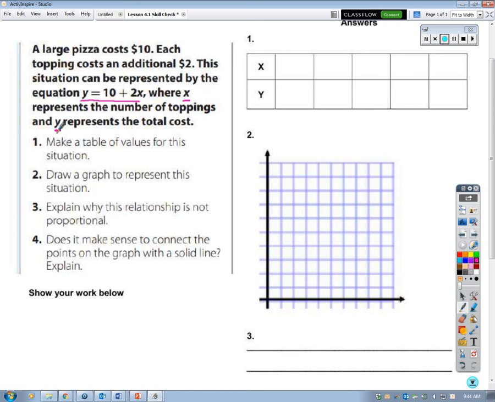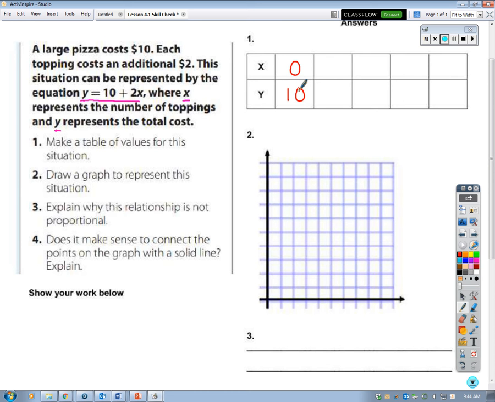So in this case, no matter how many toppings you get, the pizza still costs something itself. If you got 0 toppings, how much would the pizza cost? $10. So if you have 0 toppings, the pizza still costs $10.